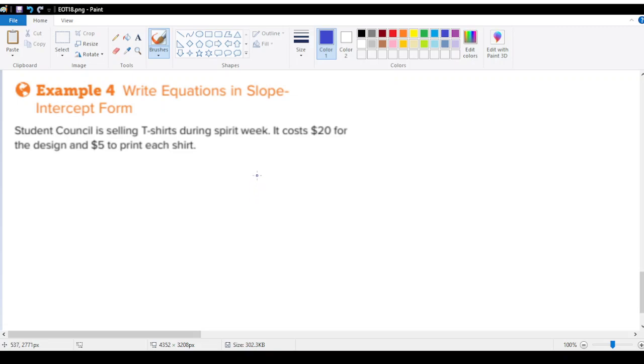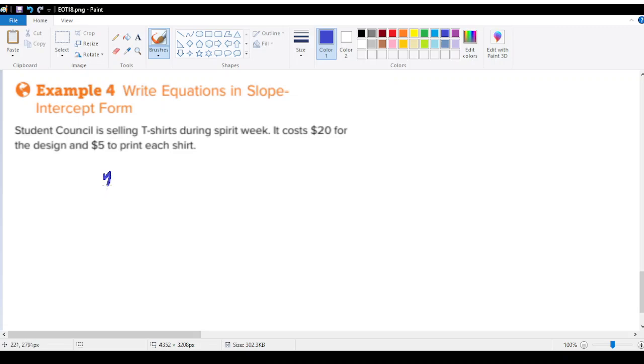It costs $20 for the design and $5 to print each shirt. Write an equation in slope intercept form to represent the total cost y for printing any number of shirts x. Okay, so we need to write an equation, and this equation in slope intercept form.